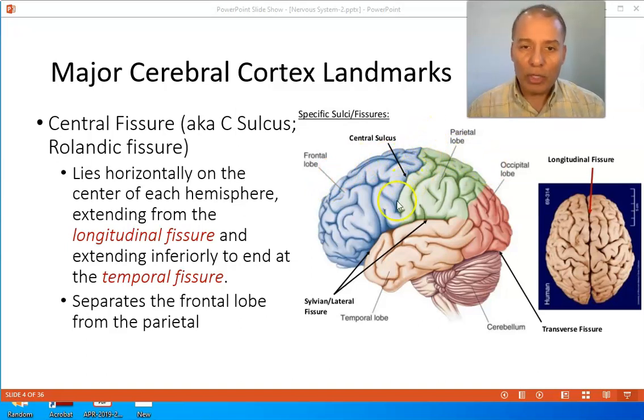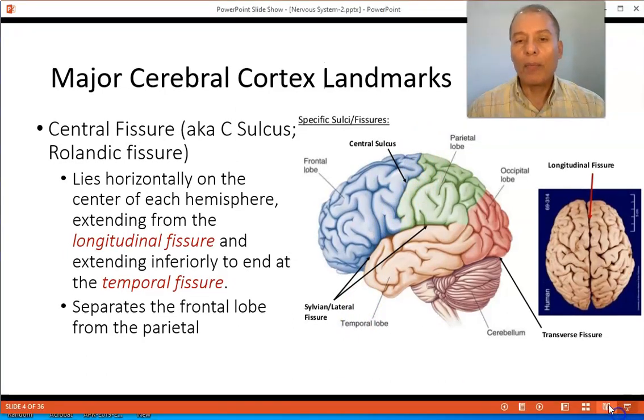The central fissure is going to have more than one name. It is called the Rolandic fissure, or the fissure of Rolandus. And it separates the frontal lobe from the parietal lobe.